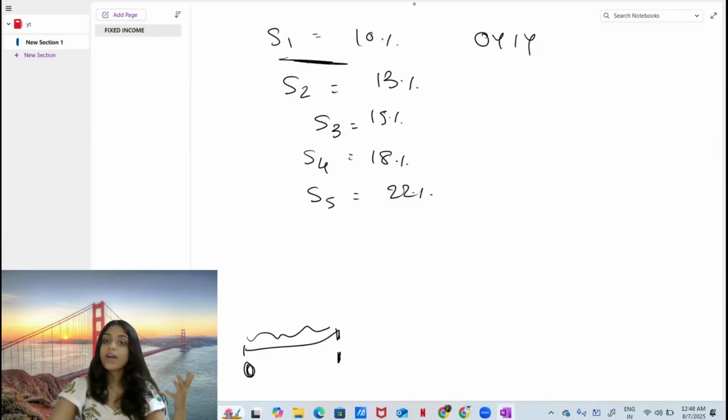So the forward rate for 0y, 1y will always be your spot rate of year 1, that is 10%.